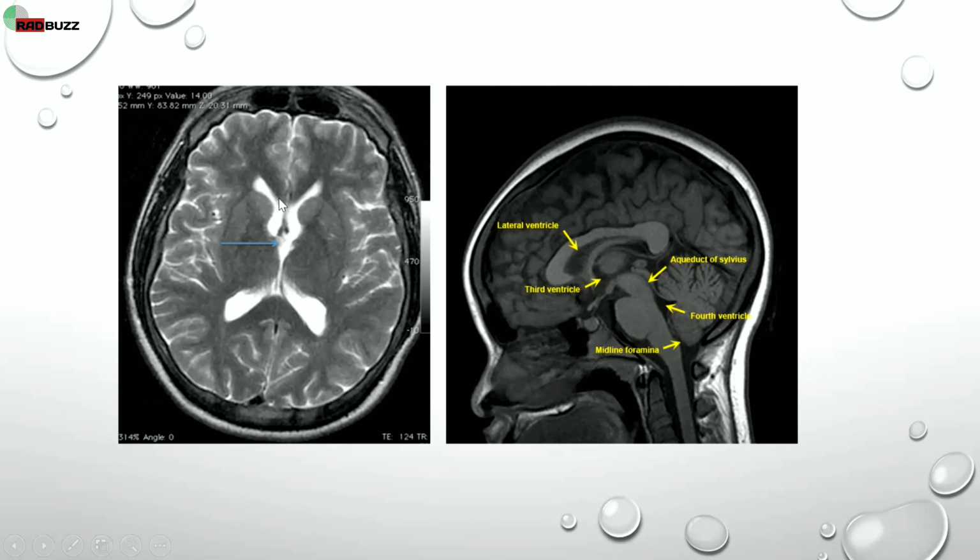Because lateral ventricle has some pathologies within the substance of the lateral ventricle. Its horns are named according to the lobe they are in. Like this is frontal lobe, parietal lobe, occipital lobe, and below is temporal lobe. So this is anterior horn, this is body, this is occipital horn, and a temporal horn.